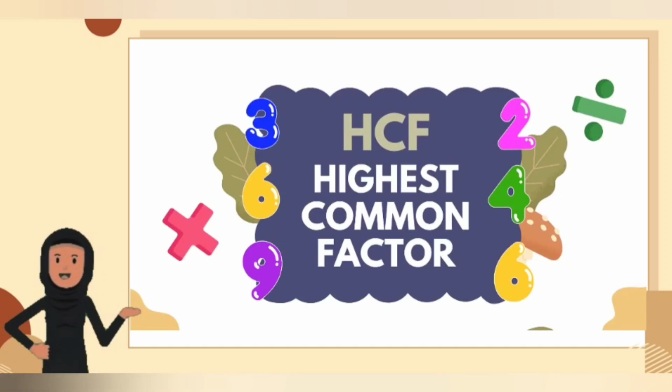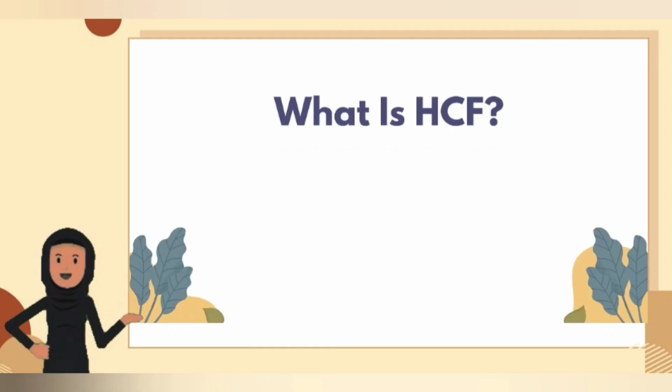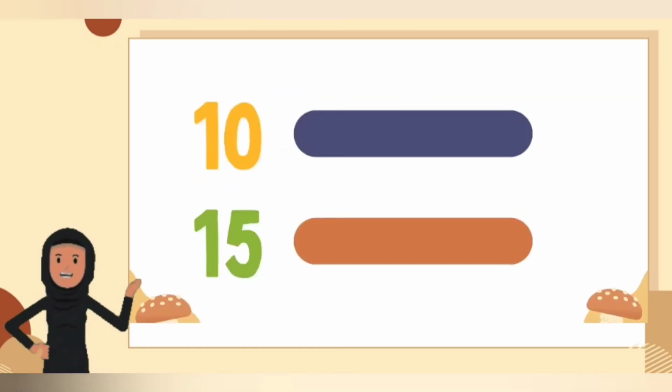After that, we have to learn about the highest common factor, or we can call it HCF. Highest common factor is the highest factor that is common to both of the numbers. For example, we have 10 and 15.